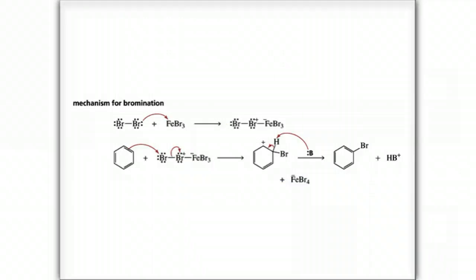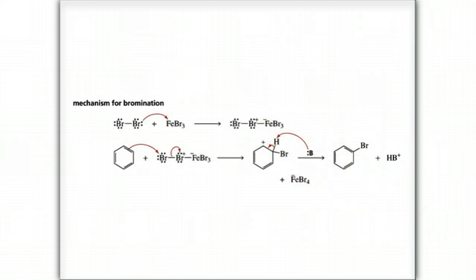In the first step of the bromination reaction, bromine donates a lone pair of electrons to the Lewis acid. This weakens the bromine-bromine bond, thereby providing the electrophile that's necessary for electrophilic aromatic substitution. So we have the nucleophile, we have the electrophile, we have a carbocation intermediate formed, and any base in the reaction mixture can remove a proton, forming our product.